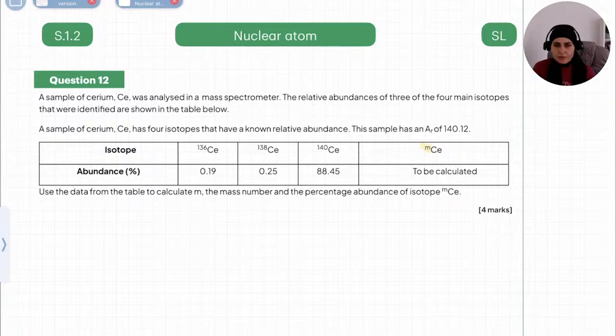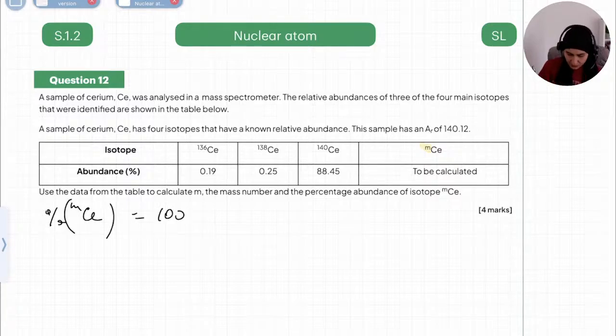So this is like a question that is opposite to the one that asks to find relative atomic mass. Here we have the relative atomic mass, and we need to calculate the abundance and the mass number. Right, okay, let's do it. This is percentage abundance, which means that the sum should be 100, right? So the percentage abundance of cerium M is 100 minus all other isotopes.